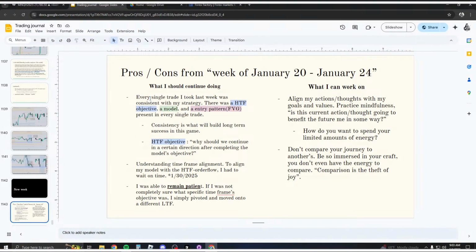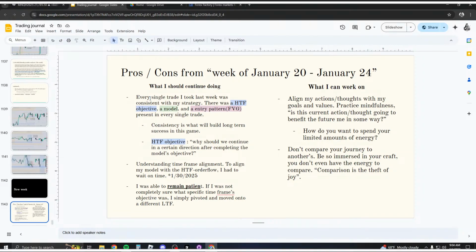Second, don't compare yourself to another person or another situation. In today's society and world, social media has made it so easy to know what other people are doing and how people function.